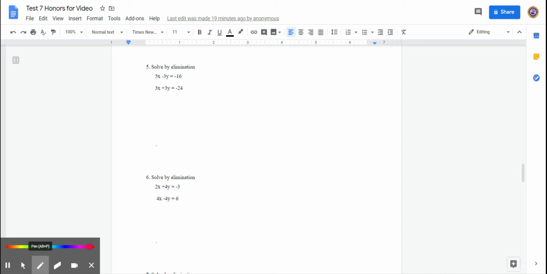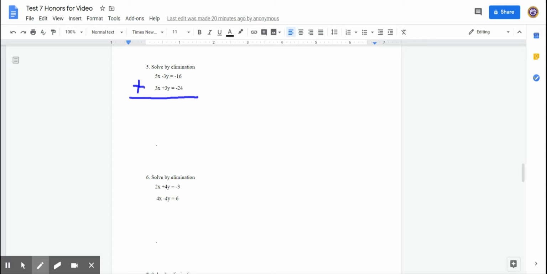If we look at number 5, we notice right away that the y has a -3 and a +3. So when we add those two equations, the y's are going to be eliminated.